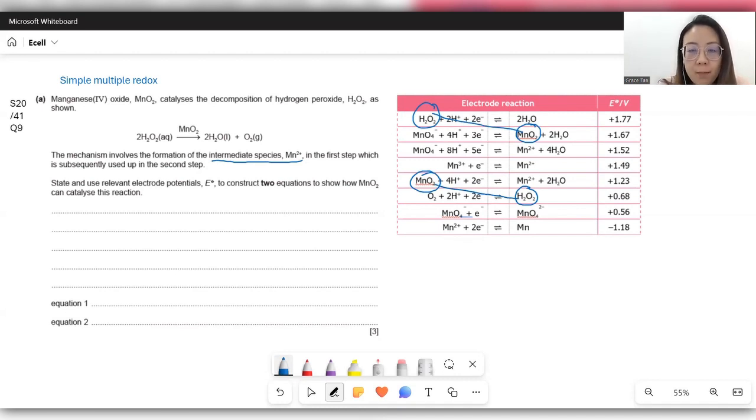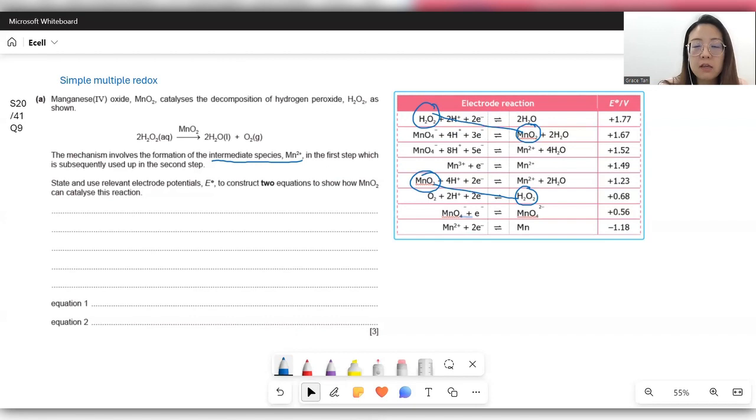Hydrogen peroxide at 1.77 can undergo reduction, and MnO2, which is a catalyst, can be oxidized because it's less positive, but he gave MnO4, which is not what we want. It's a feasible reaction between 1.77 and 1.67, but it's not giving us the Mn2+ we want, because if you use 1.77 and 1.67, then your product formed is MnO4 minus, which is manganate.